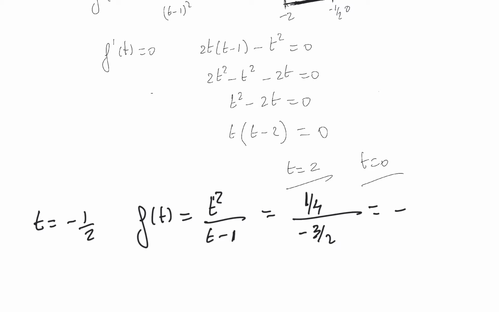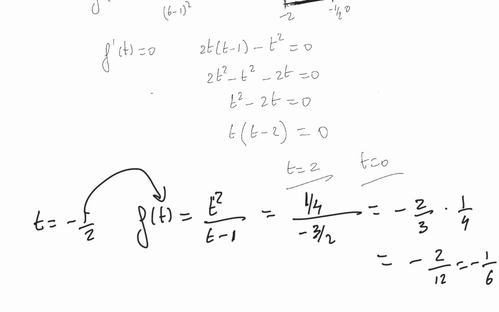So the value of the function evaluated at t equal -1/2 is -2/3 multiplied by 1/4, or in other words, -2 divided by 12, which is -1 divided by 6.